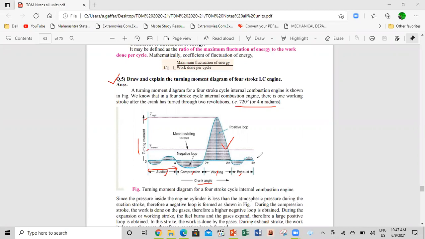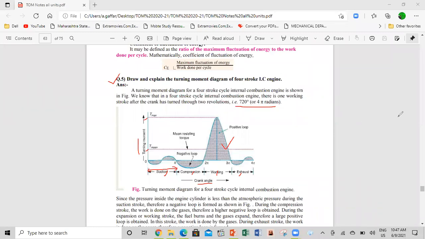This energy is required to perform the remaining three strokes. The positive loop shows the power generated in the power stroke, and the remaining three strokes are negative loops, because to perform them the engine requires external power, and this power is supplied by the flywheel.